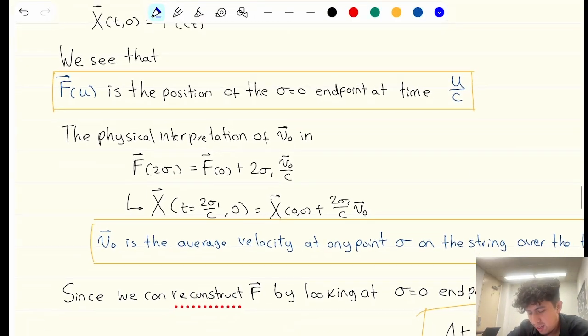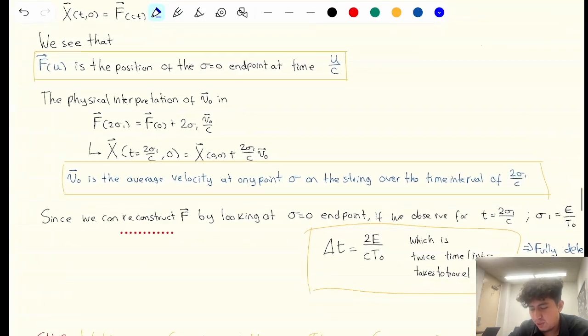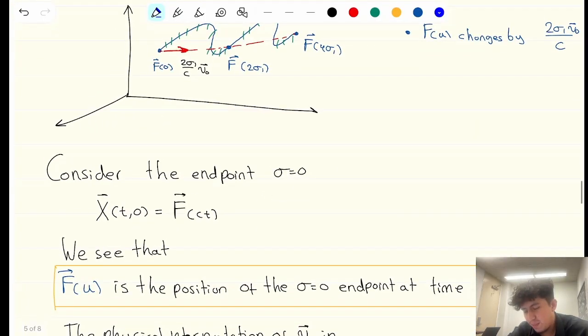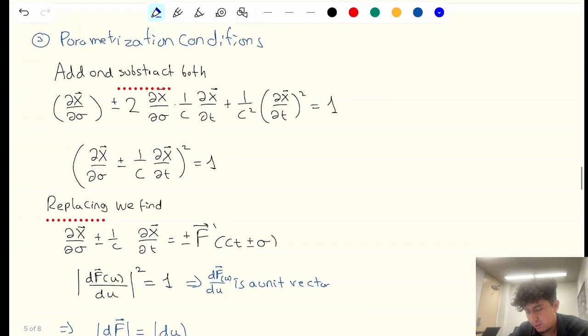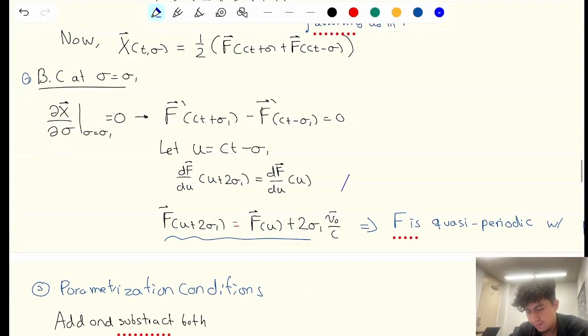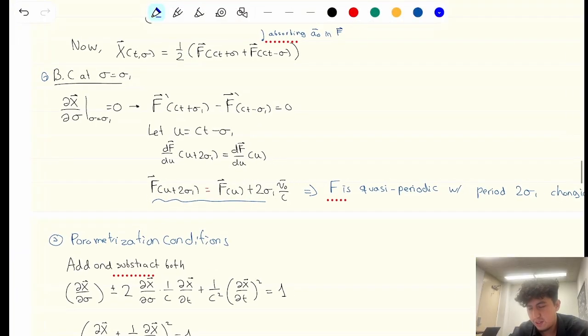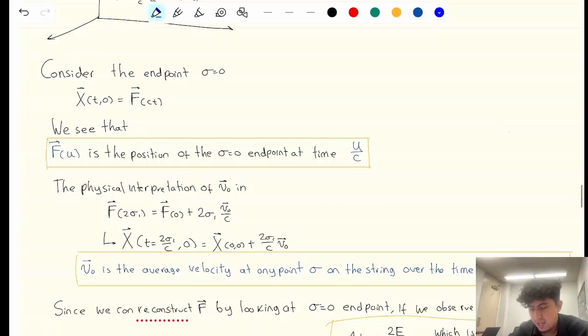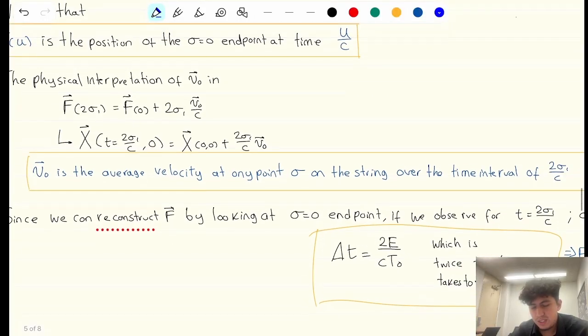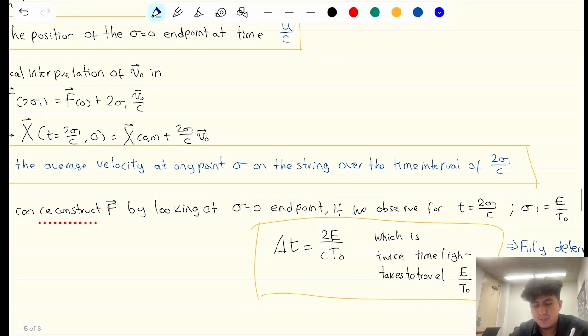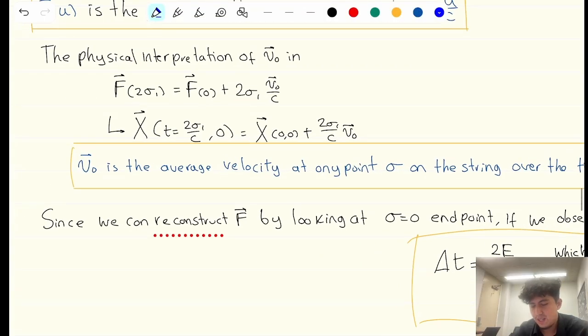Okay, and the physical interpretation of b naught, this parameter that we introduced all the way here. This is just the average velocity at any point of the string over the time interval of 2 sigma 1 over c.